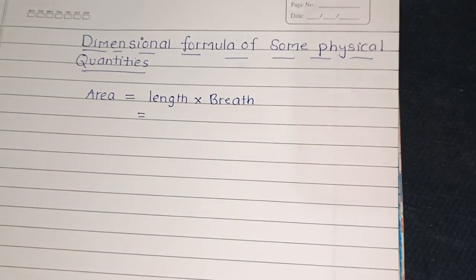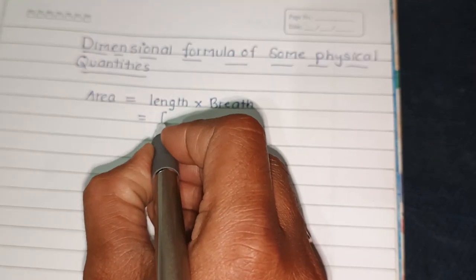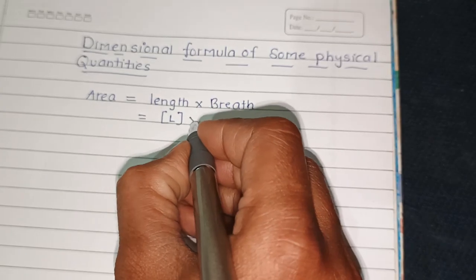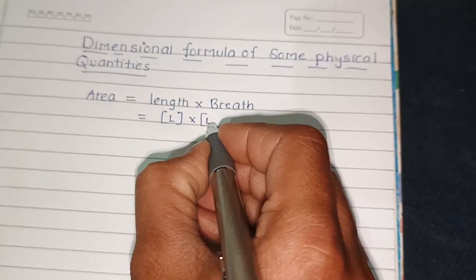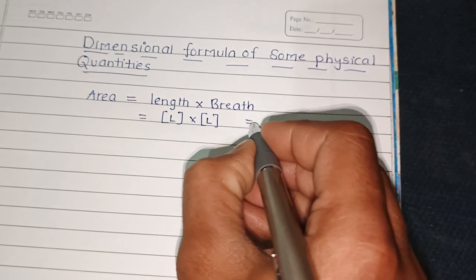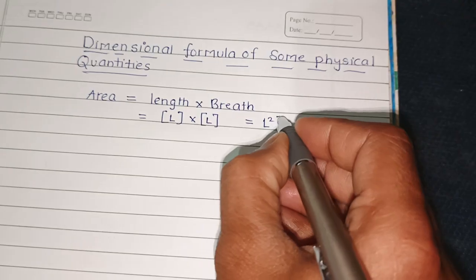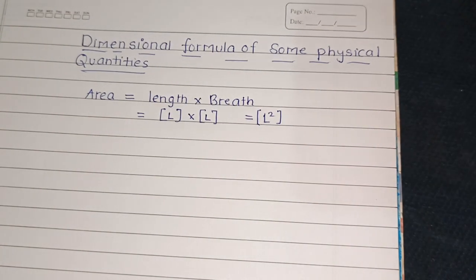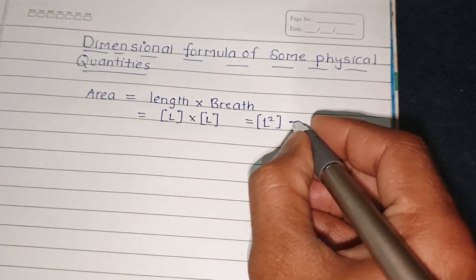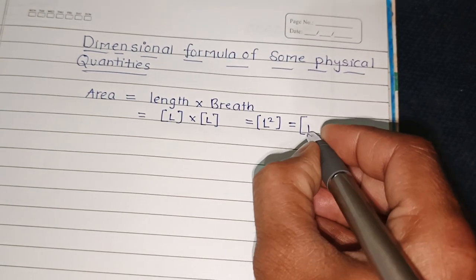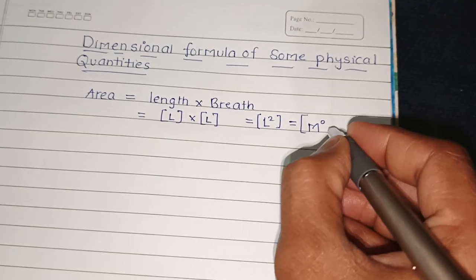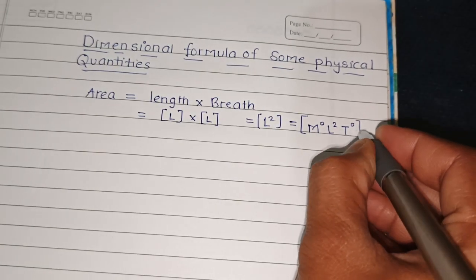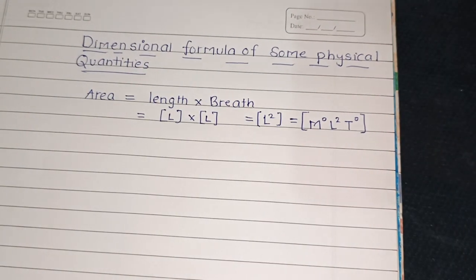Length is L and breadth is also L. So that is L square. We can write this as M to the power 0, L to the power 2 and T to the power 0. This is the dimension of area.